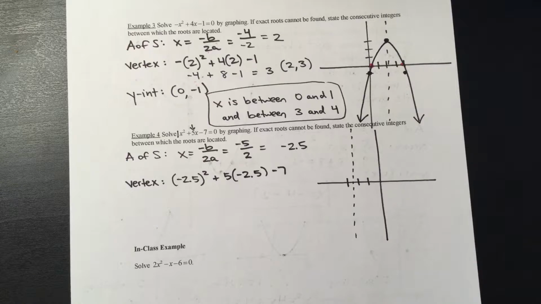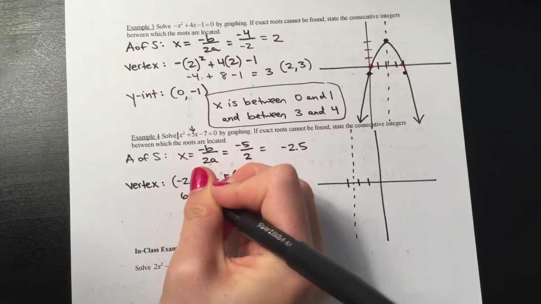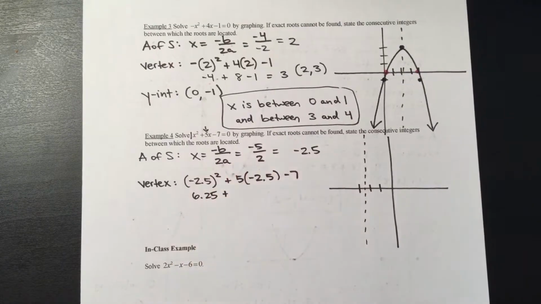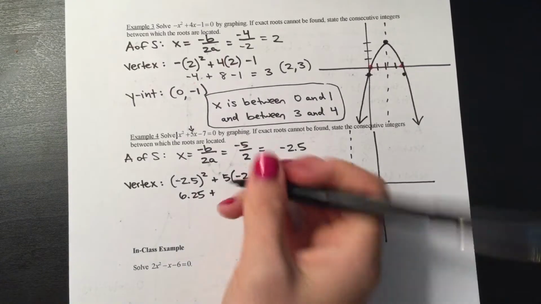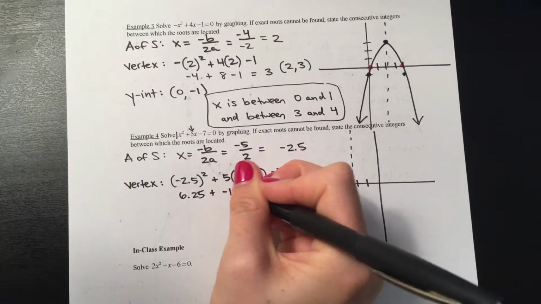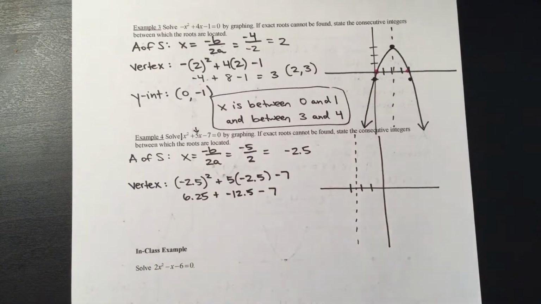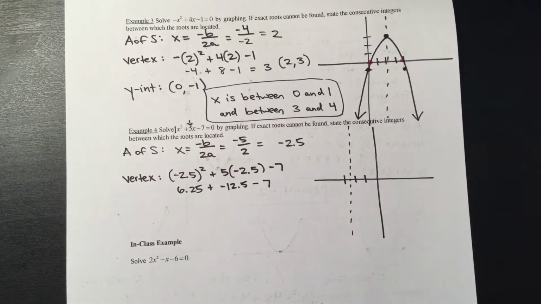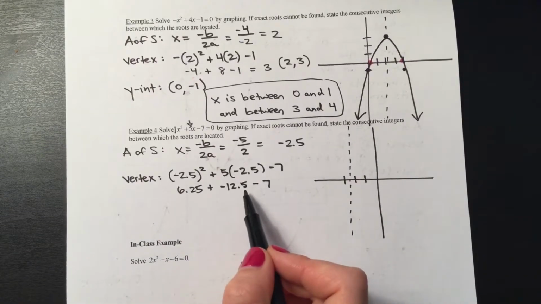So negative 2.5, if I square that, then I end up with 6.25 plus, and then 5 times negative 2.5 would be negative 12.5, and then minus 7. Okay, so this is something that you would probably want to break out a calculator for, and that's totally fine. So these two together, that would be a negative 19.5.